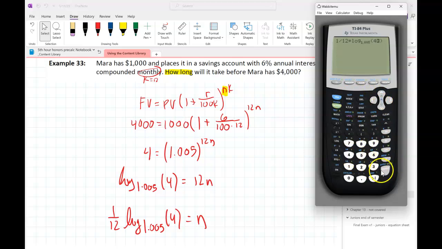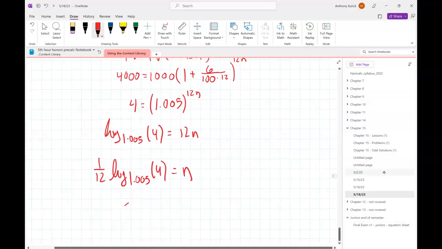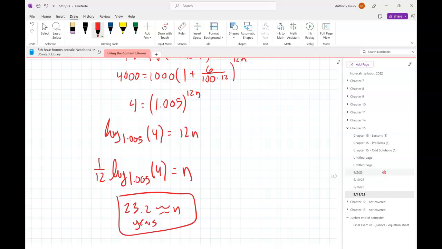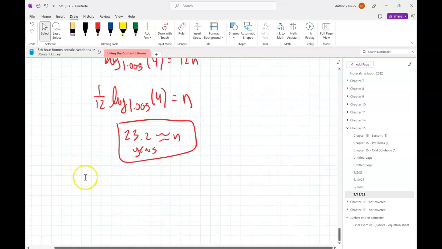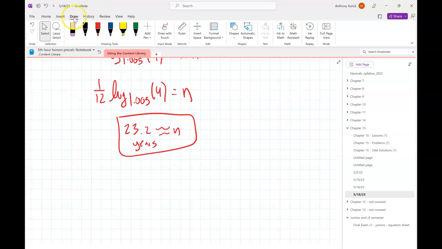I swear I pressed the number 4, it just didn't take it. So I get about 23.2 years. Feel okay with that? Okay. Let's do another.